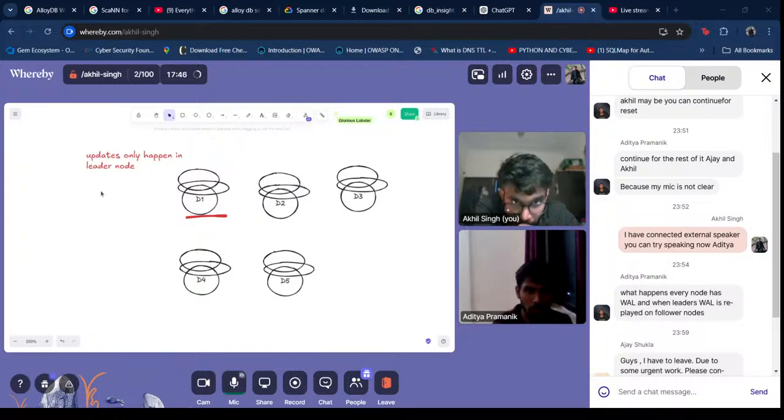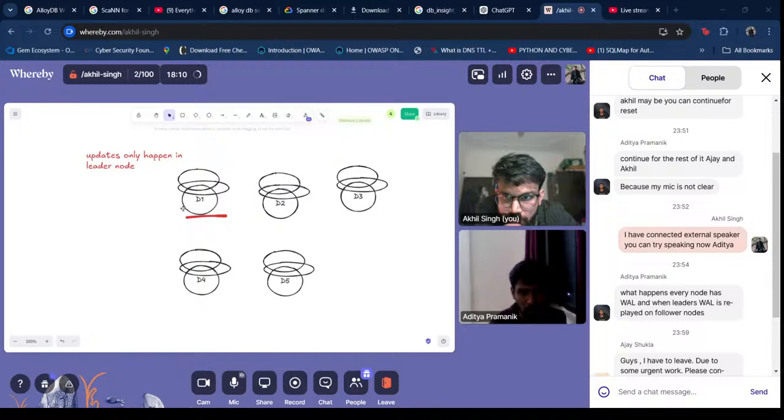And what happens when we try to fire an update query? Basically, when we are making a UPI transaction, our account is debited with some amount, so we are updating our account. That update query is sent to D1, and inside D1 write ahead logs are configured.